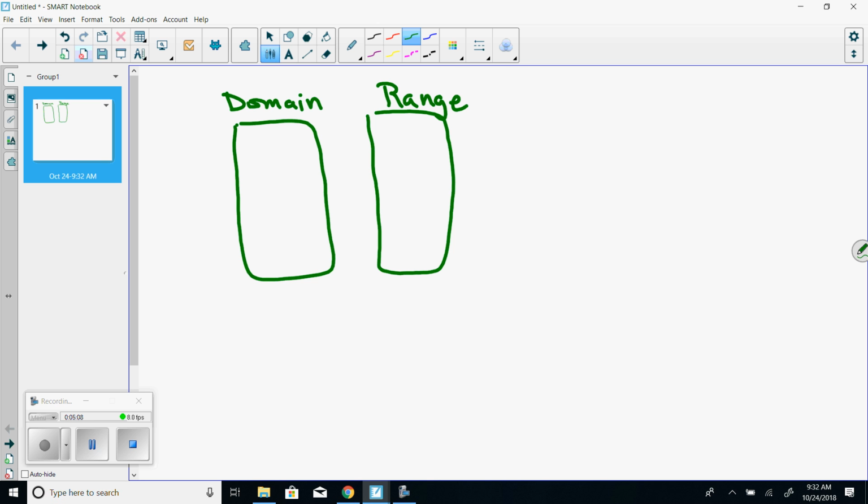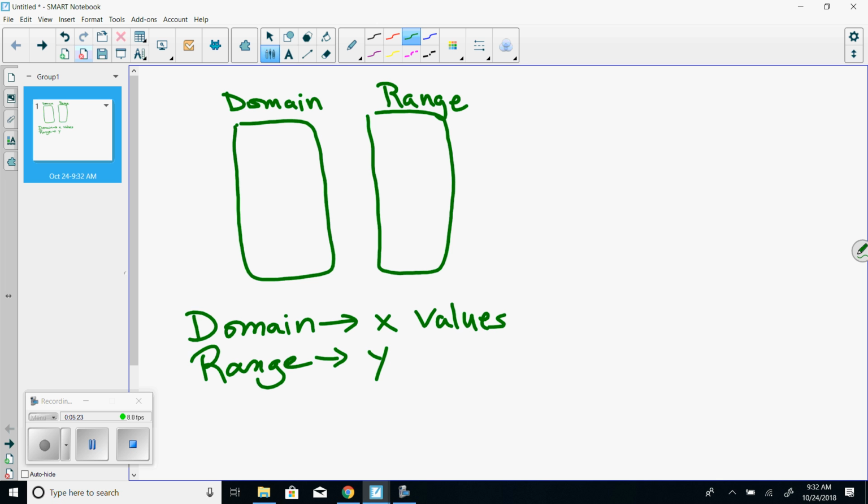So one of the things you need to remember is that the domain are your x values, and your range are your y values. And the way you can always remember is D comes before R, ABC order; X comes before Y, ABC order. Okay, so that's an easy way to remember it. D is X, R is Y. Okay?